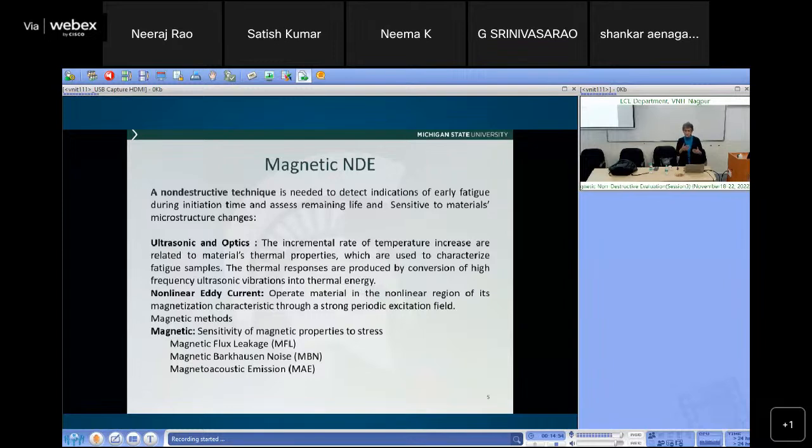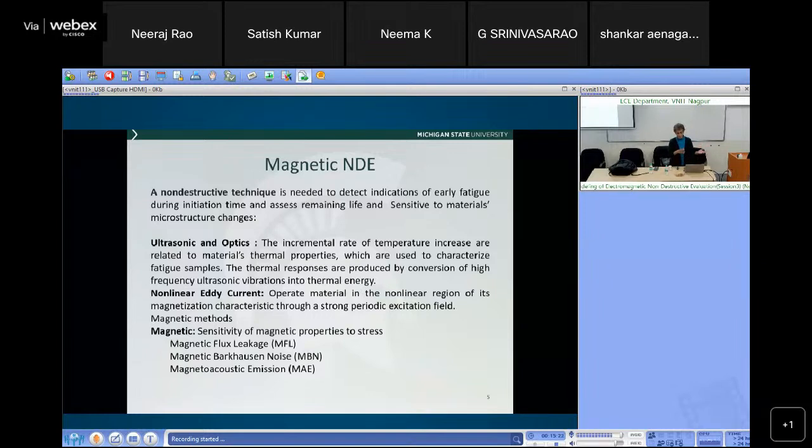When you have an ultrasonic wave and there is a crack, most of the time the crack tip is where a lot of friction takes place because of the ultrasound, and that increases the temperature. So you use ultrasound just for providing the heat energy.